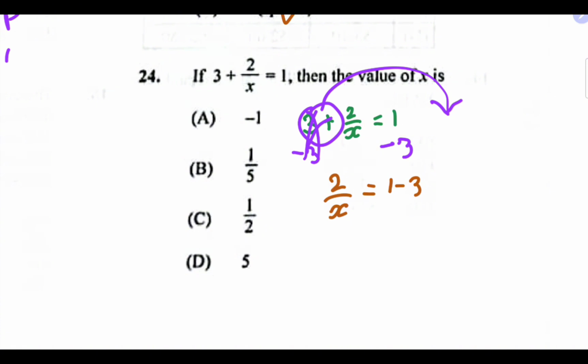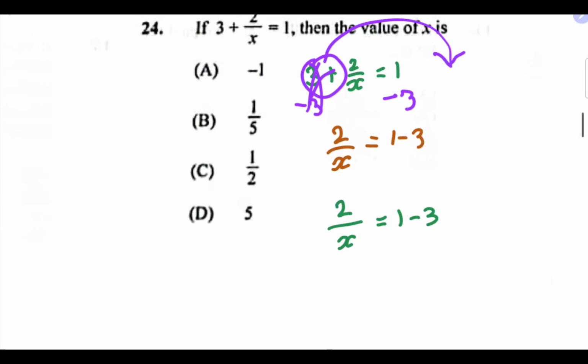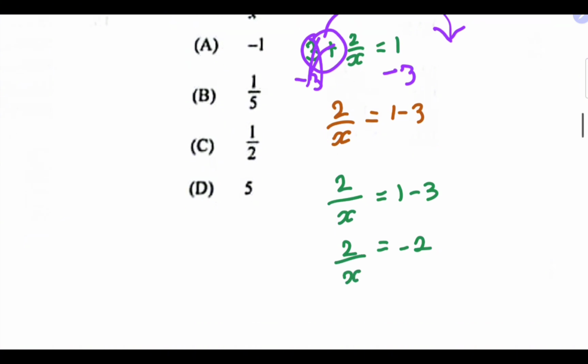We want to get rid of the fraction, so we need to multiply by the denominator on both sides. But before we do that, 1 plus negative 3 is going to be negative 2. So we have 2 over x is equal to negative 2.